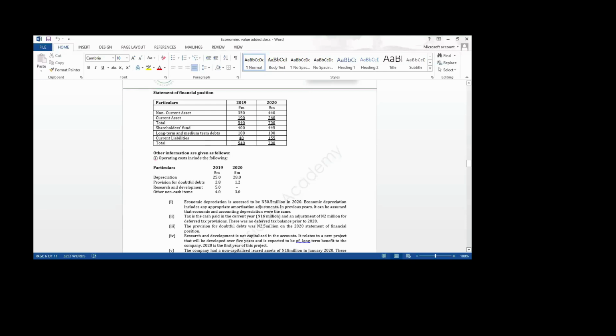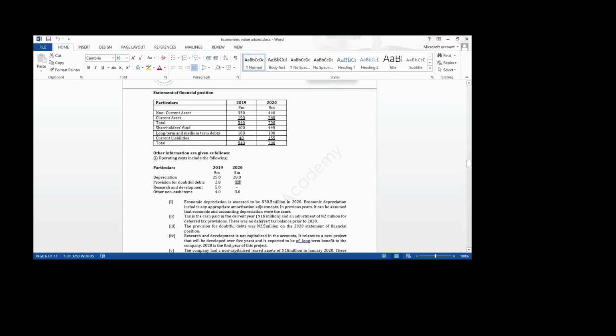Note number 3. The provision for doubtful debt was 2.5 million in the 2020 statement of financial position. Please note, look at provision for doubtful debt in the income statement for 2020. 1.2 million.